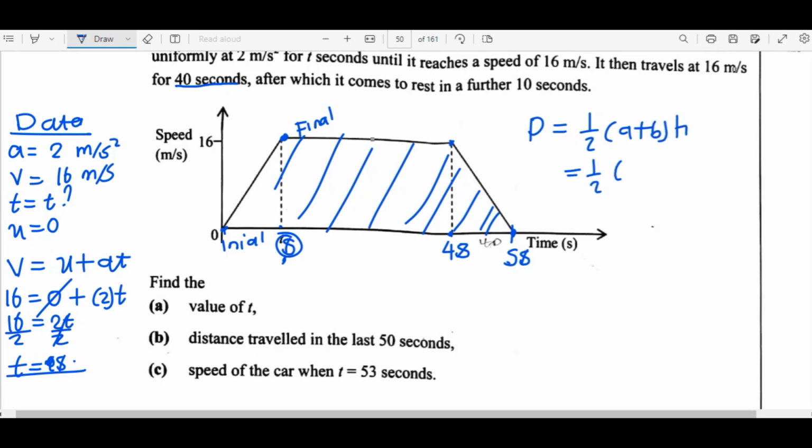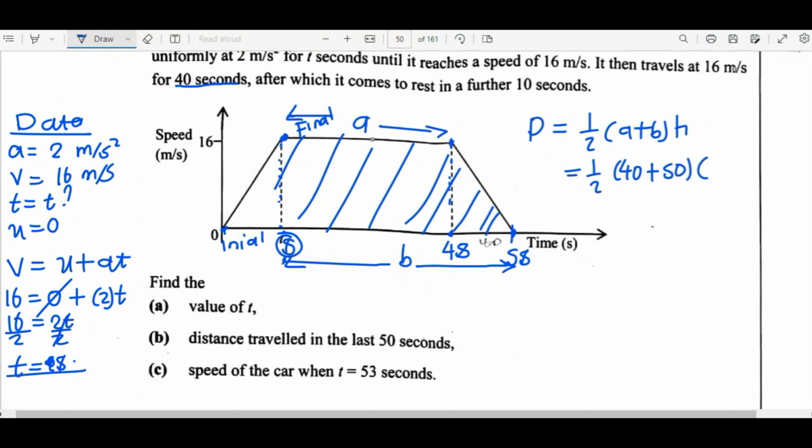So half, where is the value of a? The value of a is this line on top. If we move down, this is giving us 48, and here we are getting 8. So the difference between 48 and 8 is 40. Then the value of b is this distance up to here, which is 58 minus 8, which is 50.